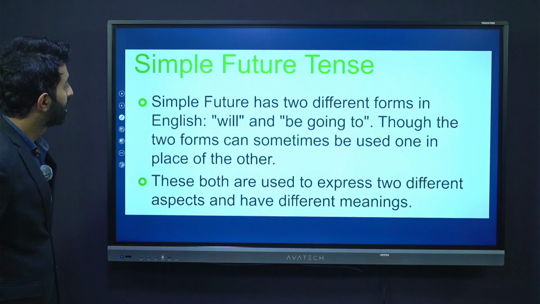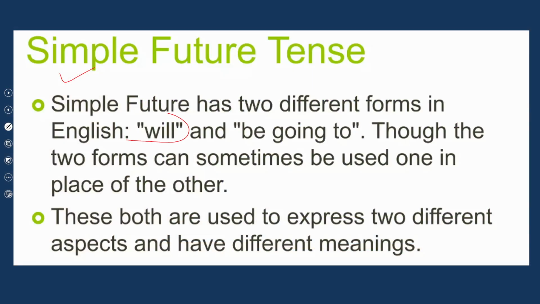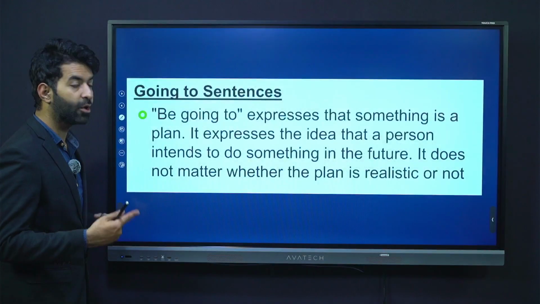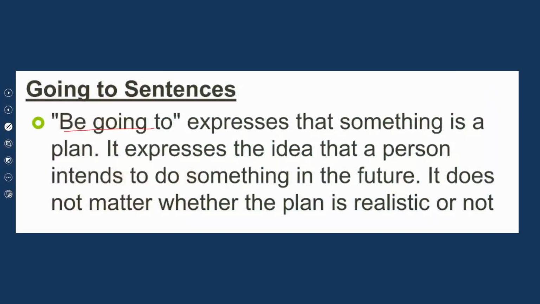Now, in the simple future, you have two different forms, will and going to or be going to. Though the two forms can sometimes be used one in place of the other, these both are used to express two different aspects and have different meanings. For example, when we are using be going to, I'm going to, or just going to, it expresses that something is a plan.